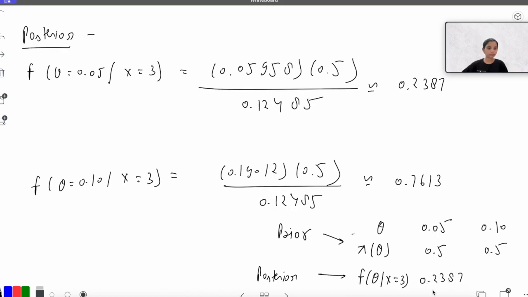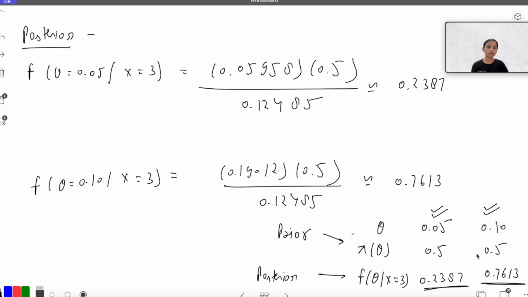For the 5% defective we have 0.2387 chance, and for the 10% defective item we have a posterior probability of 0.7613. So as you can see, in the beginning, when we have prior information, there is no preference to any of the defectives. We are assigning them as equally likely. But after taking into account the data, there is a difference in the preference of the proportion of defectives.